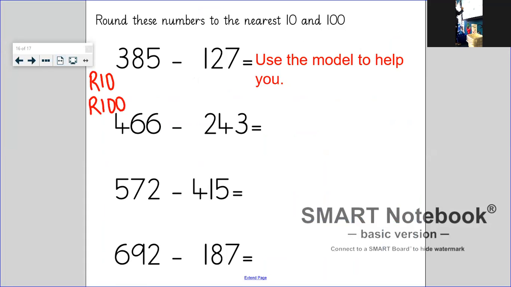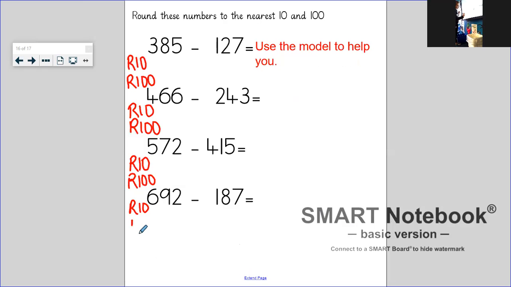And don't forget to answer your round to 100 number sentence, and that will give you your estimate answer for the first sentence. Remember, if you're using squared paper, it should be one digit in each box. Pause the video now and round these questions to get an estimated answer. Off you go.